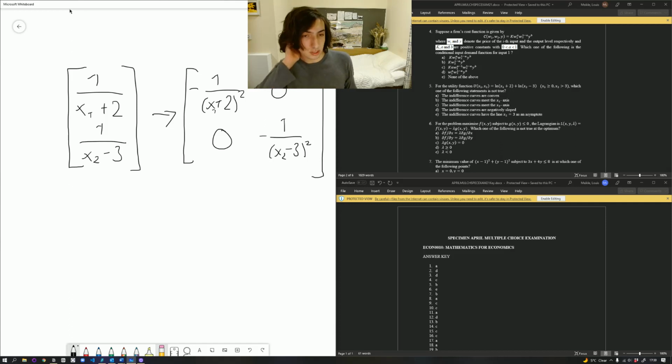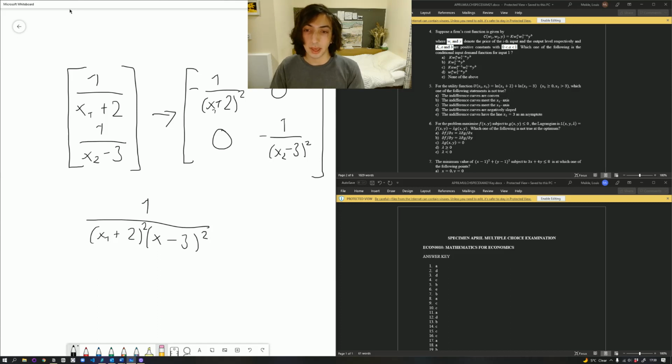And you can also see that the derivative, not the derivative, there's so many similar words. Derivative, determinant, discriminant, they're all very similar. It's just very hard to keep track of them all. But you get (x1 plus 2) squared and (x2 minus 3) squared. That's the determinant.